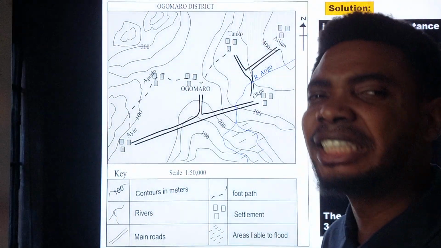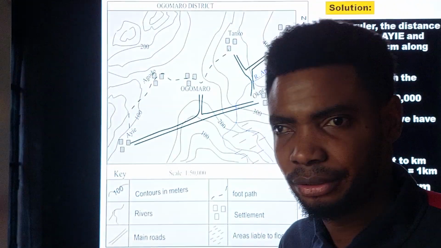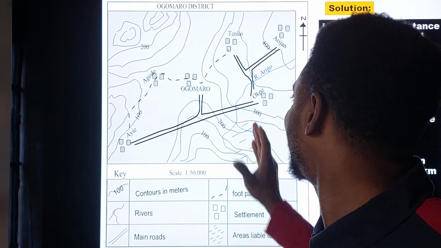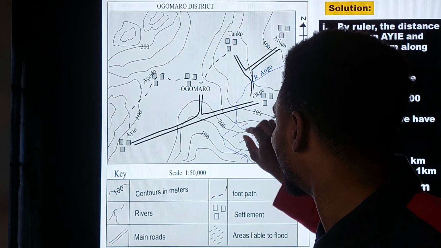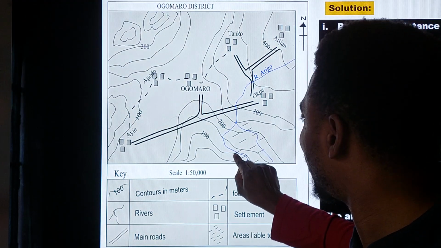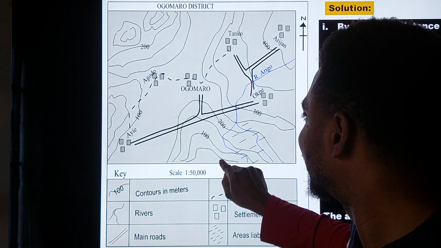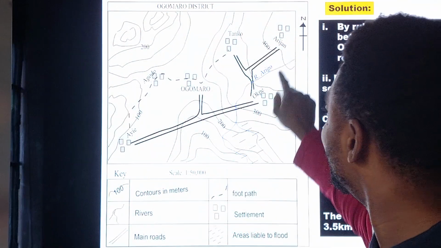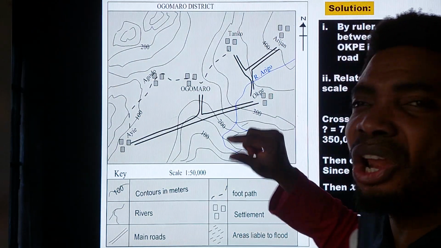You will find the longest. For instance, let me explain very well. If this arm of this river, let's assume is somewhere here, you will not measure from here and come and stay here. You will measure from here with the longest.